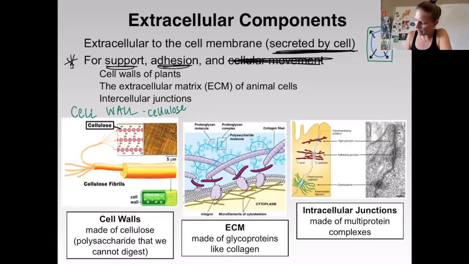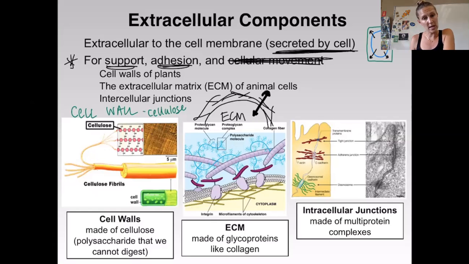The ECM is the extracellular matrix. And this is a lot of proteins and polysaccharides that kind of exist on the outside of a cell wall or outside of a cell. So if you have a cell, there are kind of fibers on the outside that will help, for example, bring things in and out. They will help other cells communicate with them.